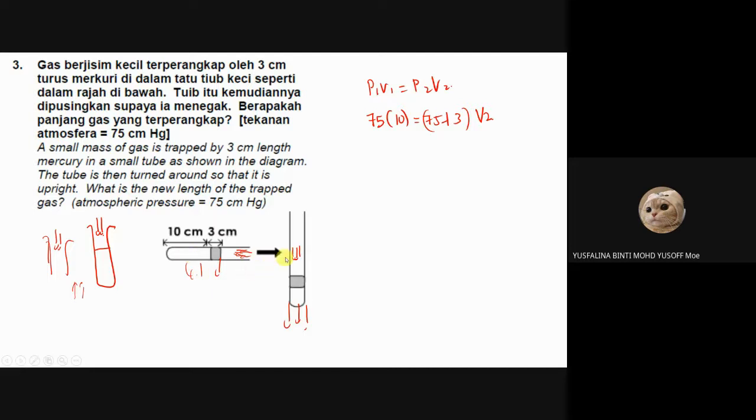But for this part, there is a certain force that pulls it downward. So you should add 75, the atmospheric pressure, with the length of the mercury, so plus 3. So you will get 750 equals 78 V2. So V2 is 750 divided by 78. So you will get 9.62.